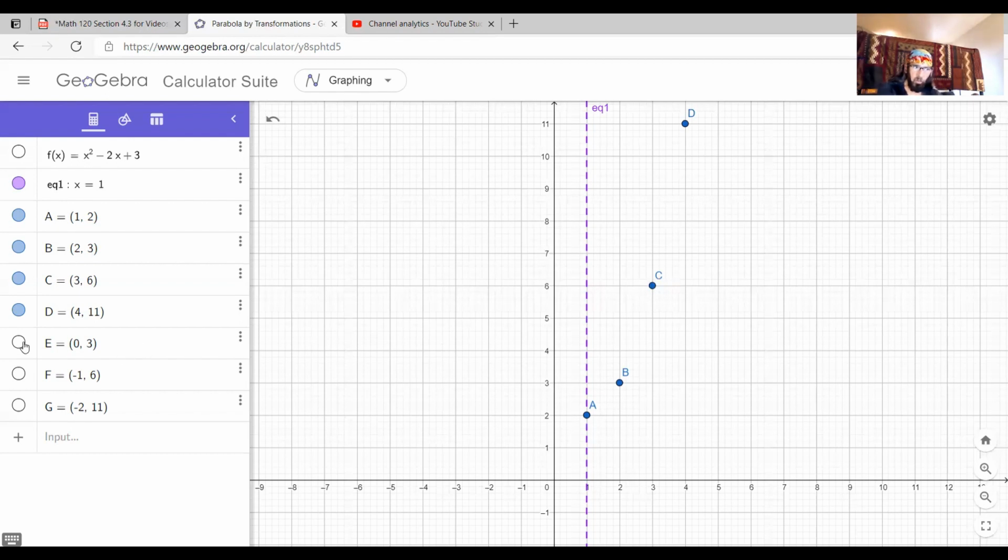So 0, 3. Coincidentally, a y-intercept. Similarly, 3, 6 is 2 units to the right of the axis of symmetry. So we'll go 2 units to the left and plot -1, 6. Do the same kind of thing for the point 4, 11 to wind up plotting the point -2, 11.